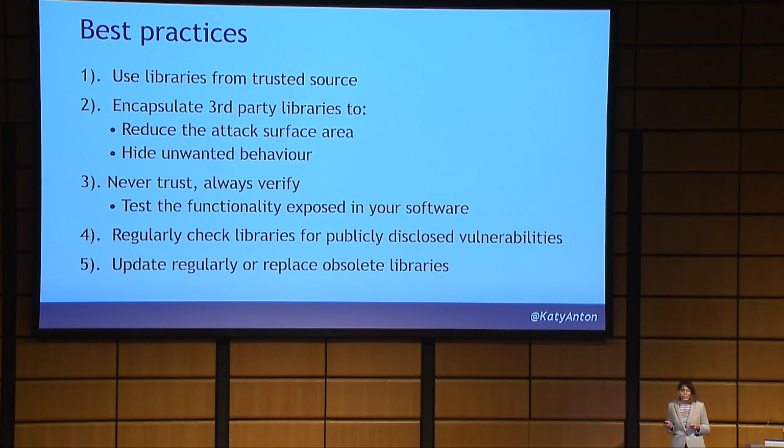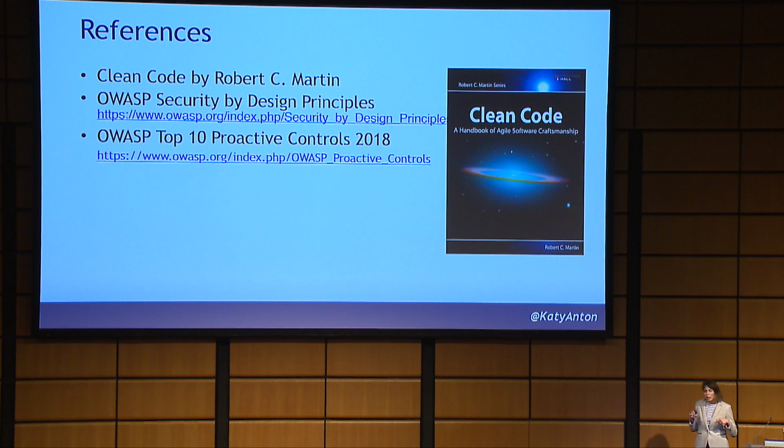Now, I just tried to bring together the security aspect with the software design aspect. If you'd like to read more, a good start is Robert C. Martin's book about clean code. It has a nice chapter about boundaries.